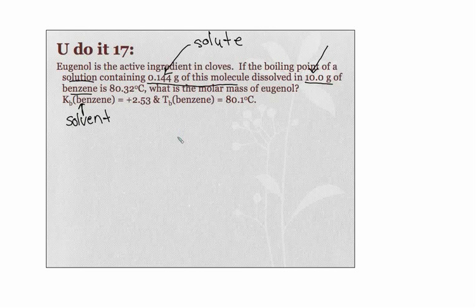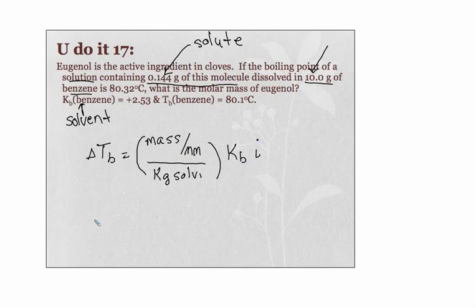Now, since it says boiling point, remember I said I like to set up the two formulas that we're going to use. So delta Tb is going to be, now they're asking for molar mass, so I'm going to use the fuller form of molality here, mass over molar mass, divided by kilograms of solvent, times Kb times i.